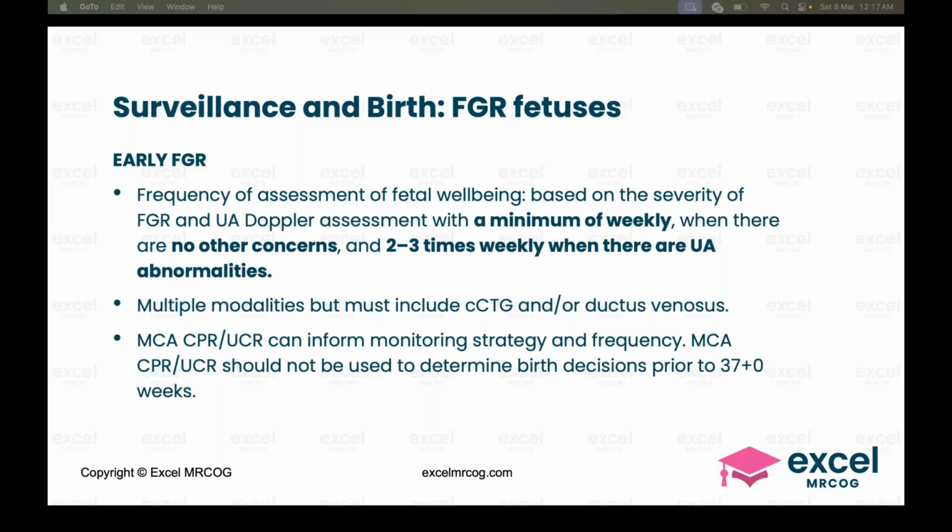If it is absent or reversed, you do a DV Doppler. As simple as that. Late, of course, you use your umbilical artery Doppler to look for changes. And if the PI is more than the 95th centile, you would consider early delivery. But MCA Doppler is considered for delivery after 37 weeks.